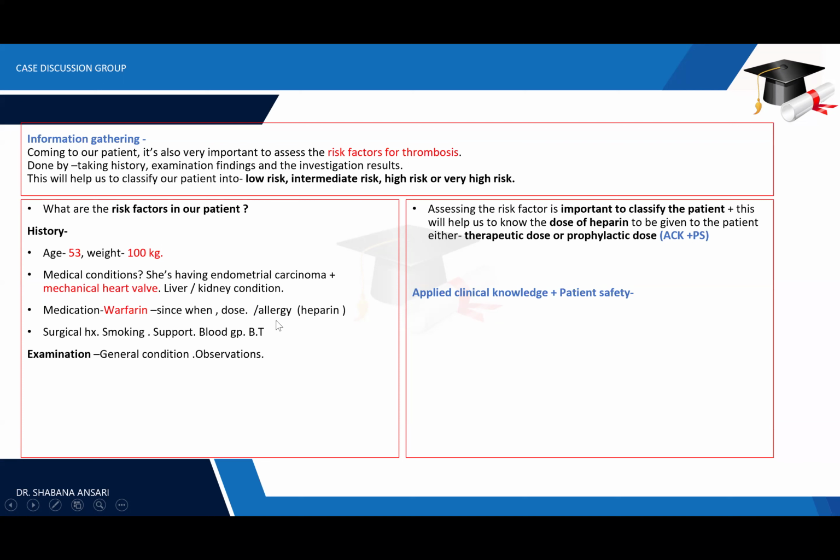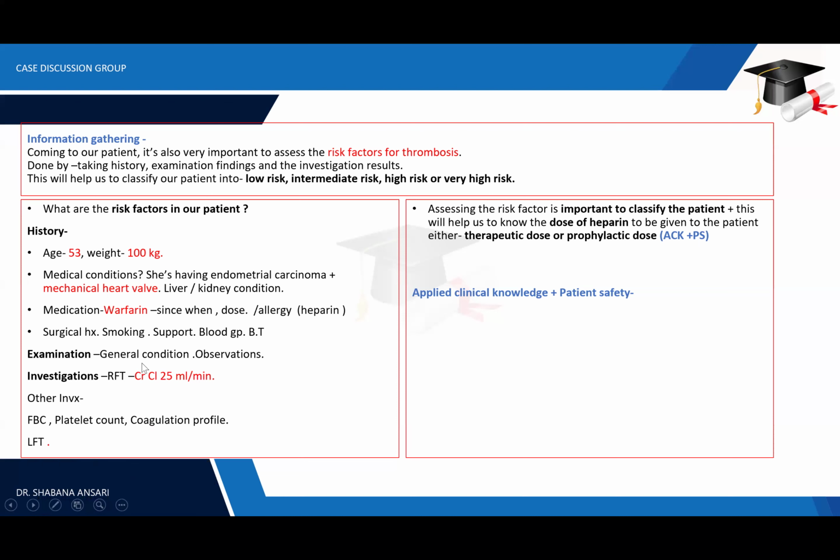We also have to rule out any allergy, particularly allergy to heparin or any previous history of heparin-induced thrombocytopenia, or whether she has ever used heparin before. Surgical history, any previous surgeries, smoking history, how about the support, and confirm the blood group, and also whether she has any reservations about blood transfusion, because there is a risk of bleeding and she might need a blood transfusion.